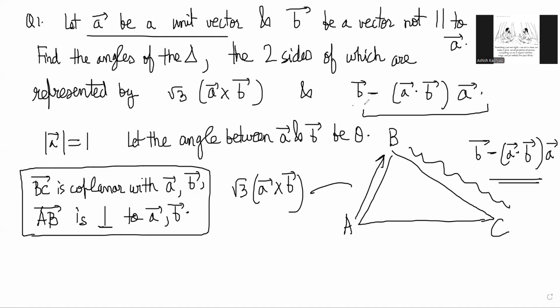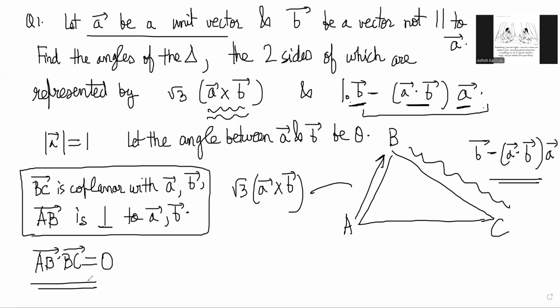Notice here that this vector is written in terms of B vector and A vector. These are constants: 1 and A dot B is a constant. So it is clearly coplanar to A and B. And this vector is in the direction of the cross product, so it is perpendicular to both A and B. So what I know right now is AB dot BC will be equal to 0 because they are 90 degrees to each other, right? So that gives me clearly the angle of this side. This angle is 90. I already know this now, right?